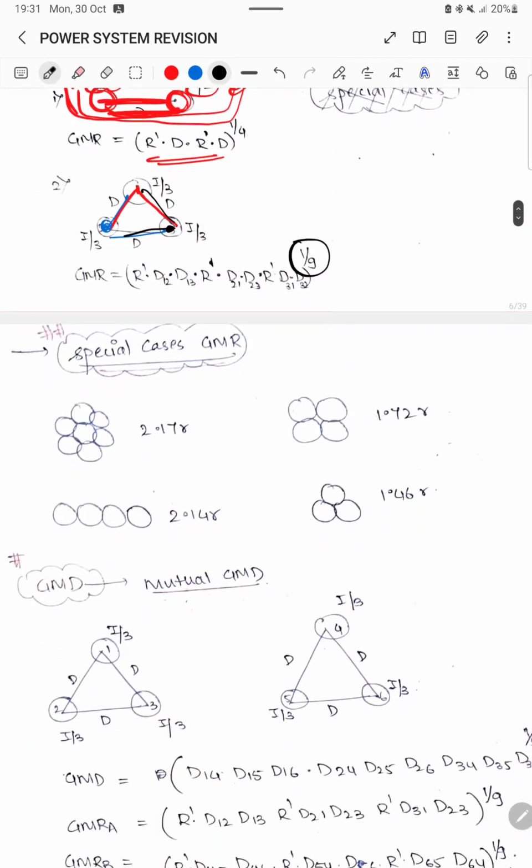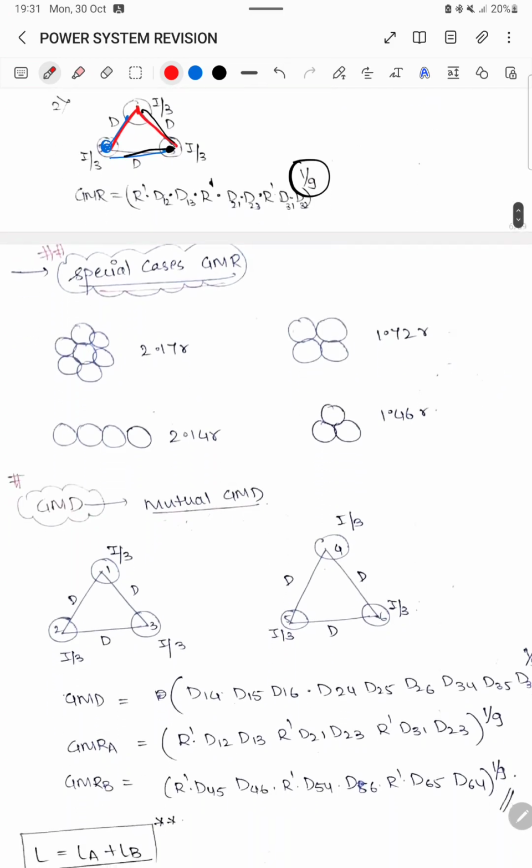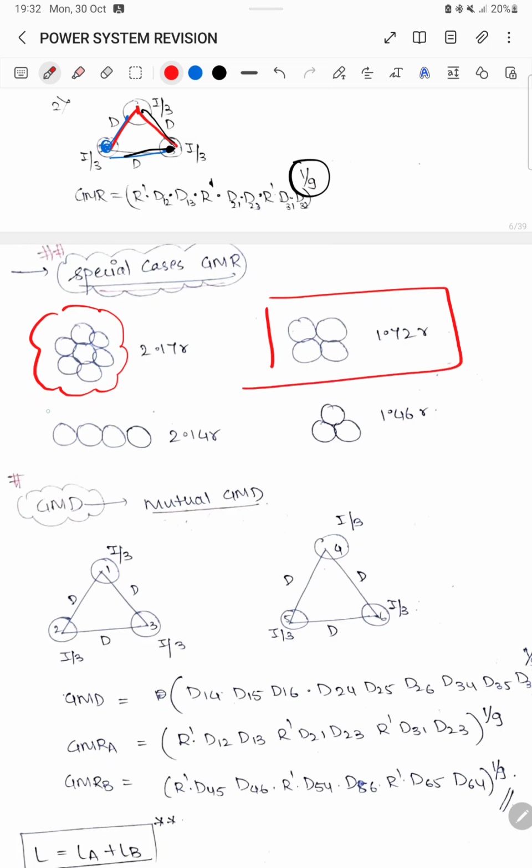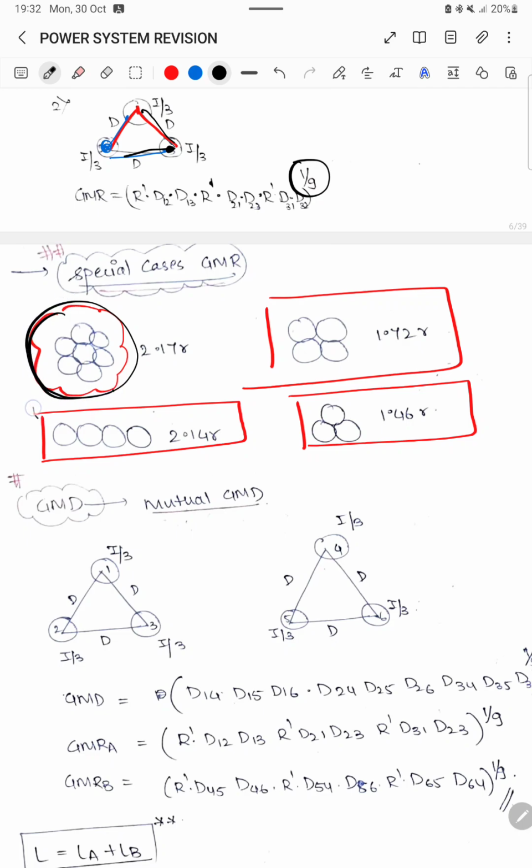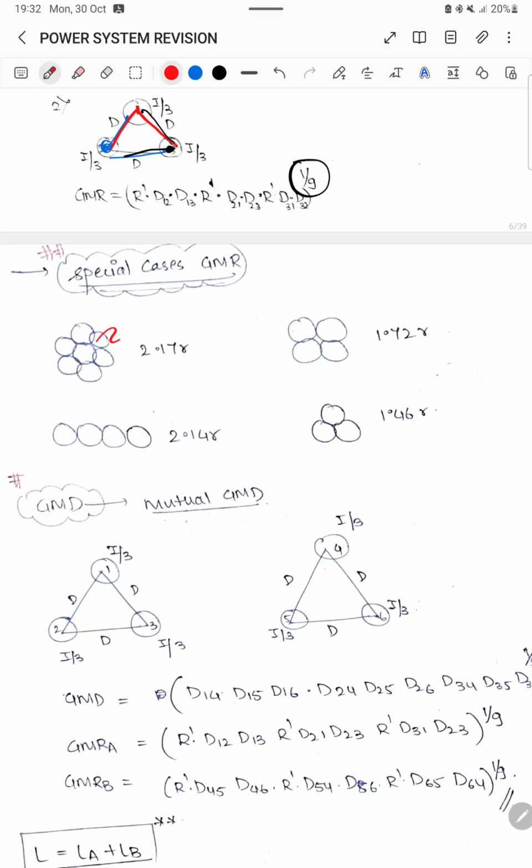There are 4 important GMRs which frequently come, so I would request you to revise and memorize them if possible. For this kind of structure it is 2.17 R, then 1.72 R, then for the 4 conductors 2.14 R and 1.46 R. Okay, one more time, since these are very important: 2.17, 1.72, 2.14, 1.46.